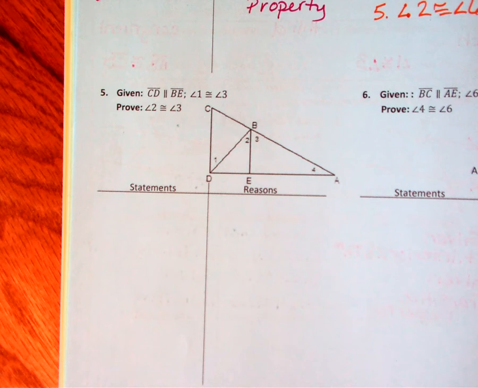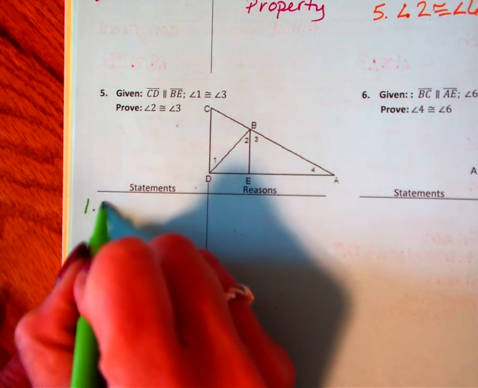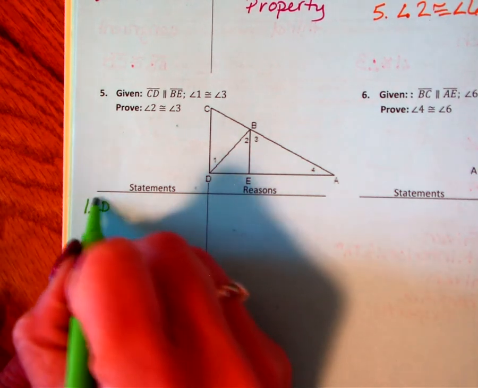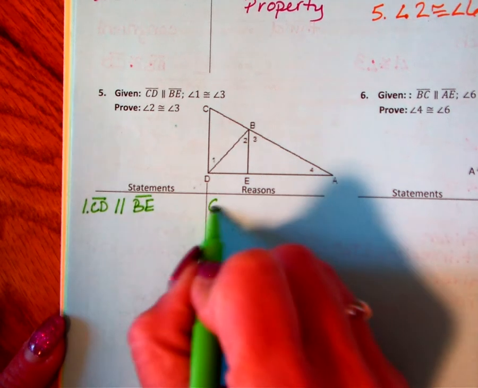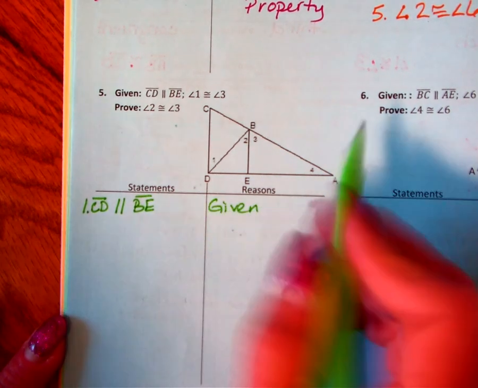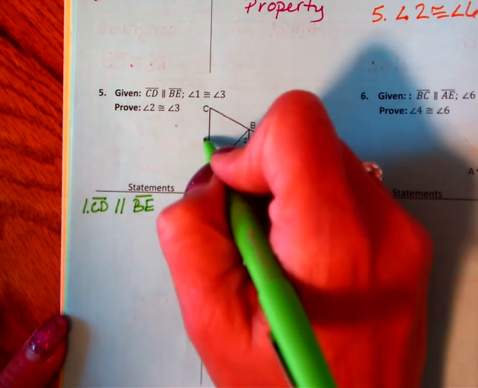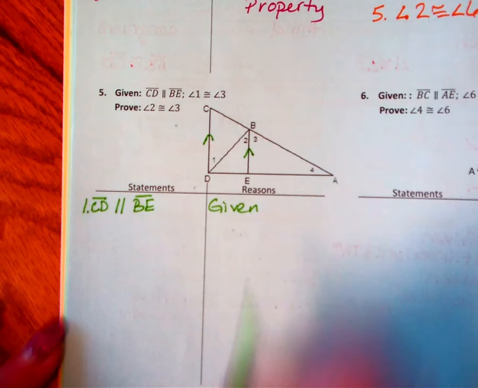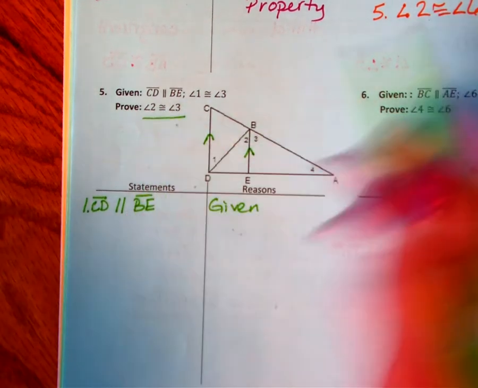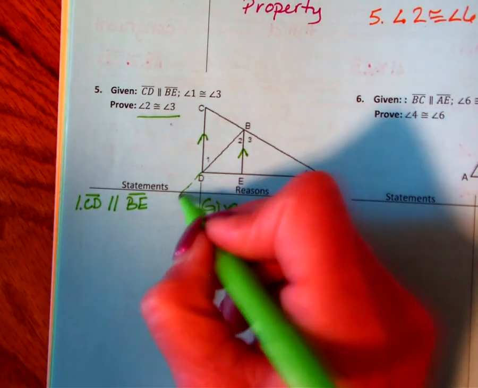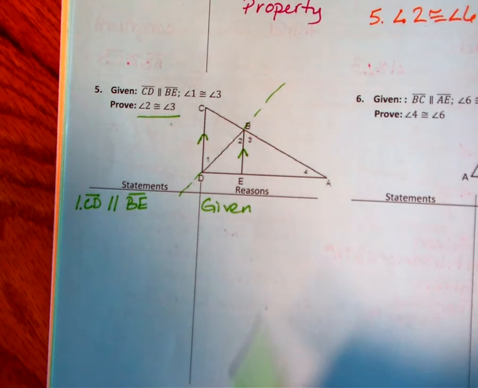Okay, we're given segment CD is parallel to BE, so these two are parallel. Okay, so again, we're trying to prove angle 2 and 3, so this is kind of like a transversal that cuts through it.